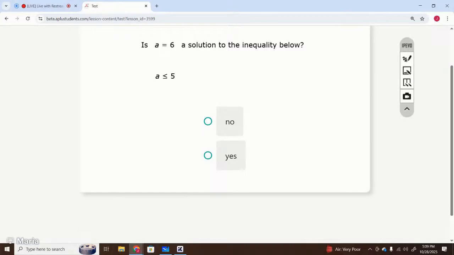Is A equals 6 a solution to the inequality below? Yes, 6 is less than or equal to 5. True it is. Okay, no, 6 is greater than or equal to 5, not less.